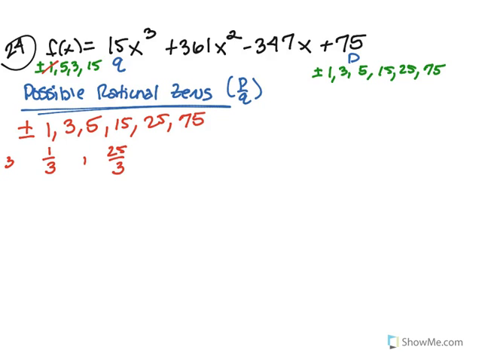They reduce, okay? Then I go to 5 being on the bottom, and I can do 1/5, 3/5, but I wouldn't do 5, 15, 25, or 75. And then last is going to be 15 on the bottom, and I can do 1 over 15, but I wouldn't do 3 over 15, 5 over 15, 15 over 15, 25 over 15, or 75 over 15.